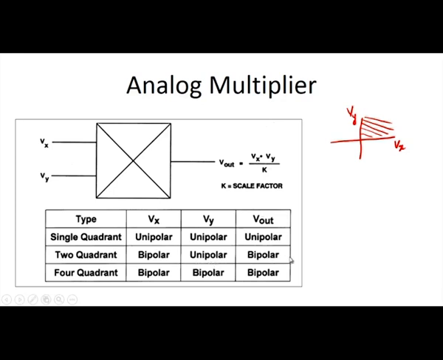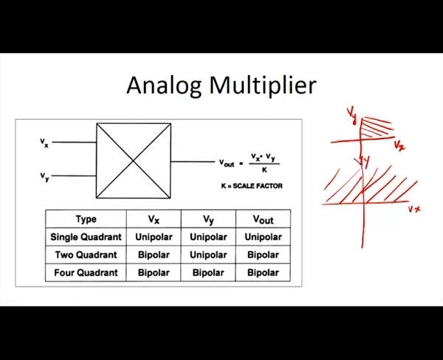so the output is bipolar. For that I can draw Vx in both directions, positive as well as negative, and Vy in only one direction, not in the negative direction.